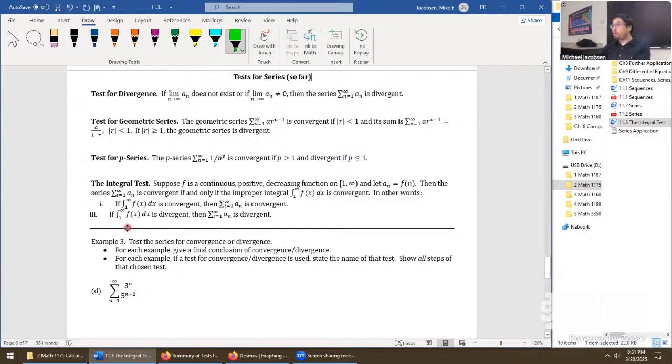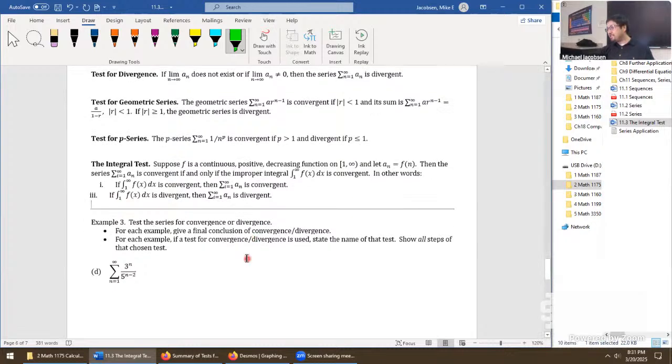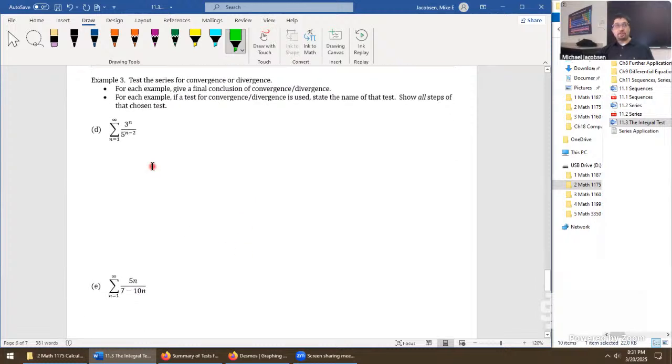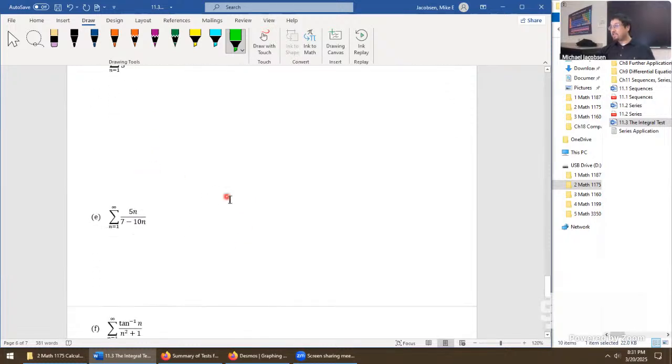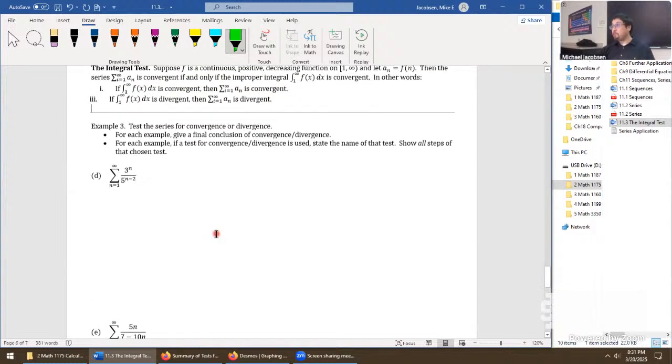There was one other method where you can split up two convergent series. That's in section 11.2. And for example 3, these are now all mixed. It's up to us to decide what method fits with what problem. And that means it's a good review type of problem.